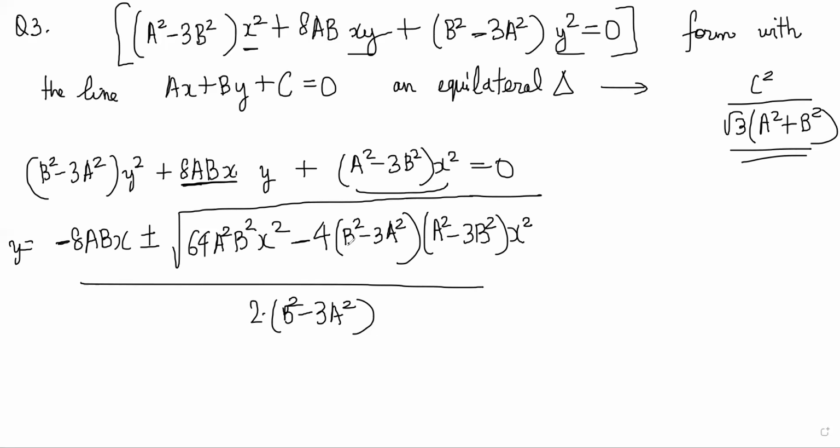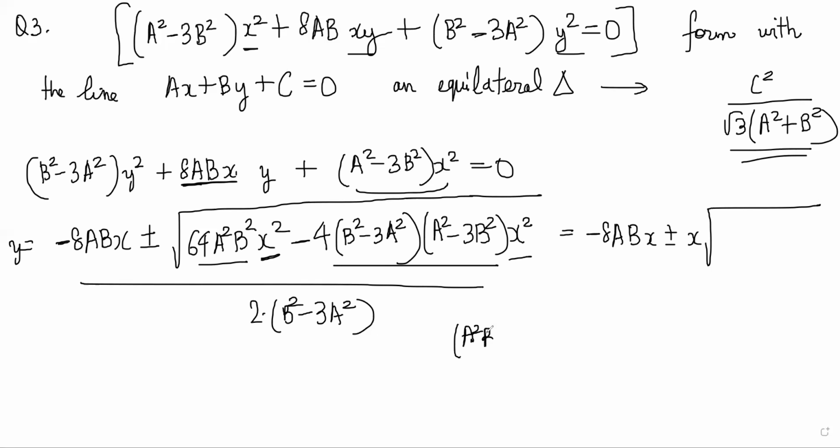Okay, so simplifying this a little bit. x square is here, so x will come out, and you will have minus 8abx plus minus x, and inside you have this expression. Let's multiply it a little bit. We get a square b square minus 3b power 4 minus 3a power 4 plus 9a square b square.